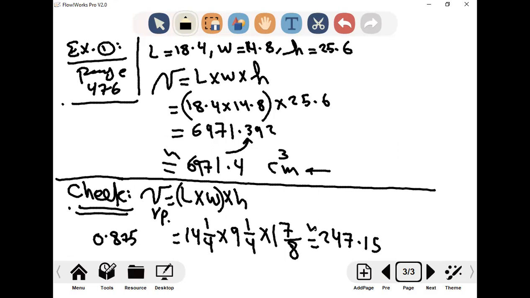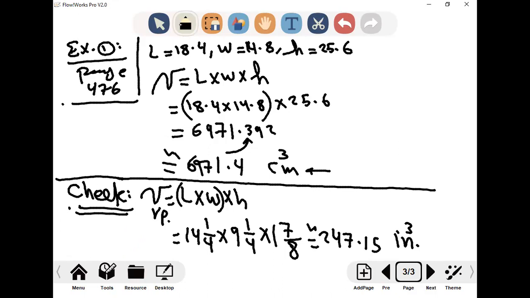So it will be 247 and 15 over 100. Okay. What's the unit? Cubic inch, or inch to the power 3. Got it? This is the check for example 1.